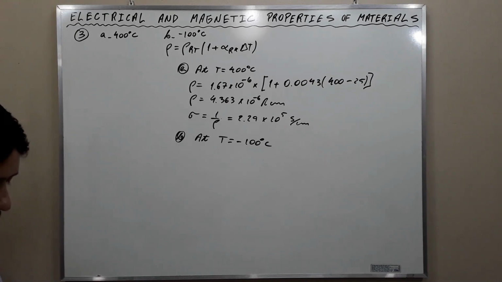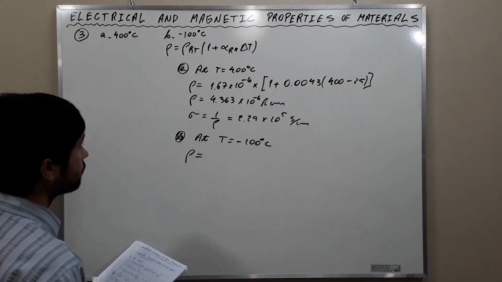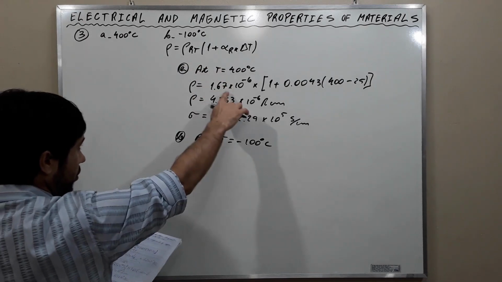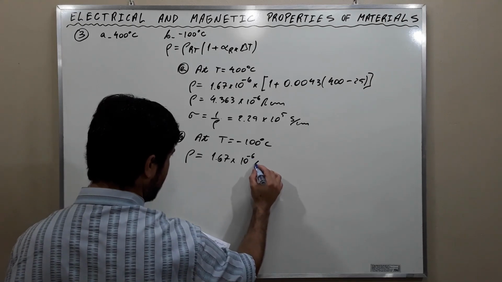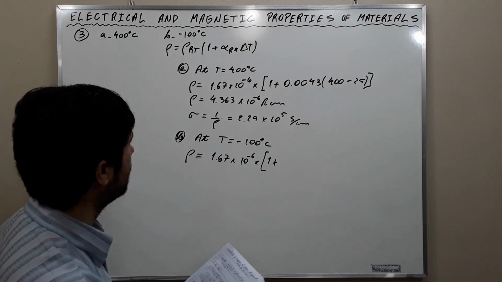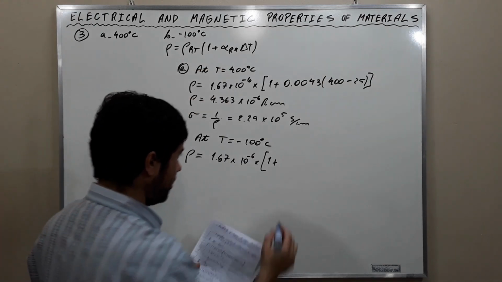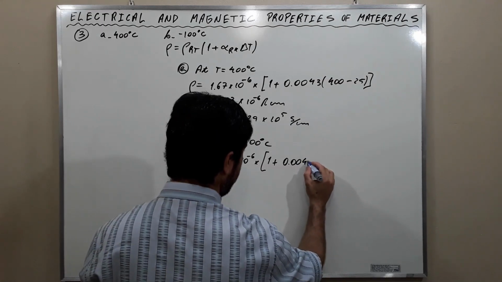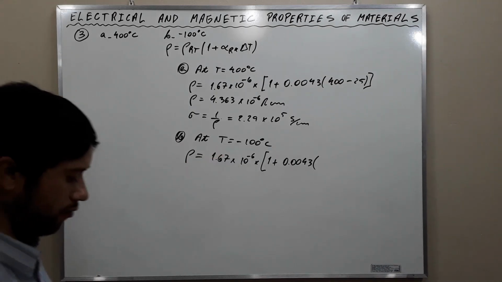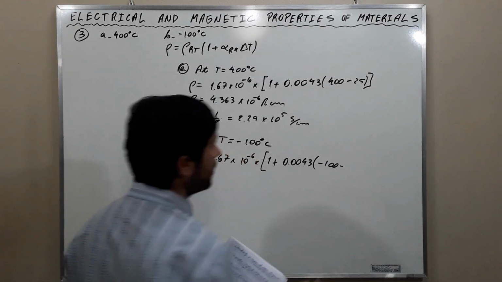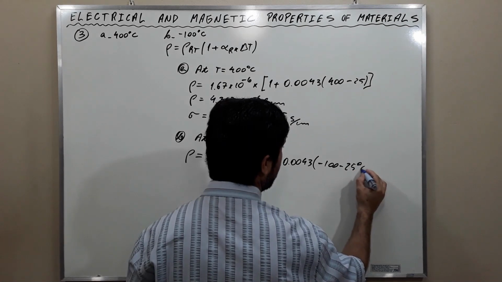We apply this expression here, and it is going to be the resistivity at room temperature, which was given as 1.67 times 10 to the negative 6, times 1 plus the temperature resistivity coefficient, which was given as 0.0043, and the temperature is negative 100 degrees, taking as reference the room temperature, which is 25 degrees Celsius, okay?